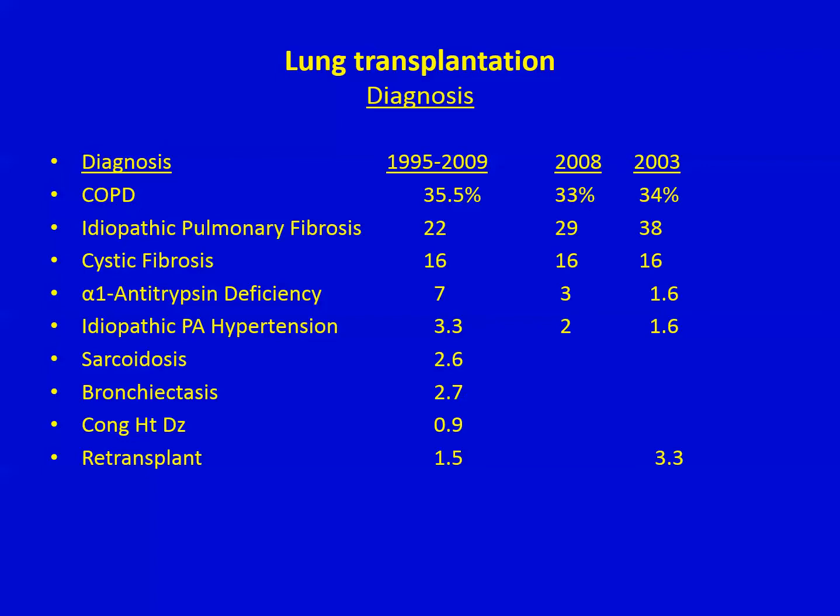In general, the distribution has not changed too much, although the number for COPD has gone down somewhat, whereas the number for idiopathic pulmonary fibrosis has gone up substantially.